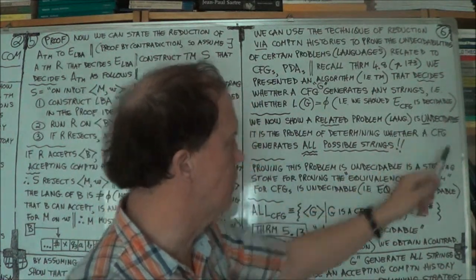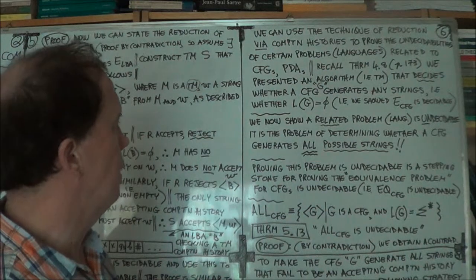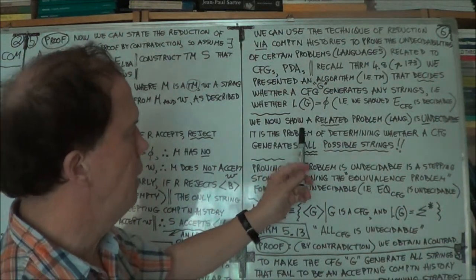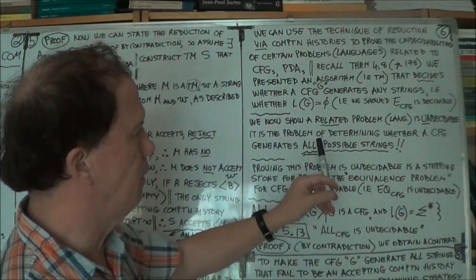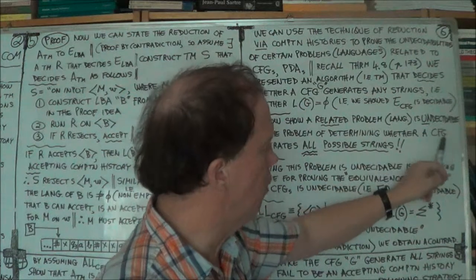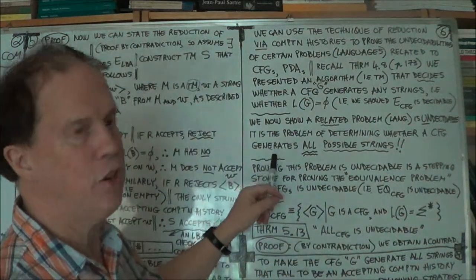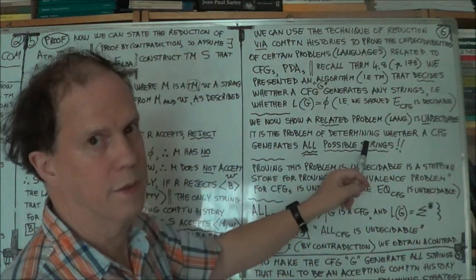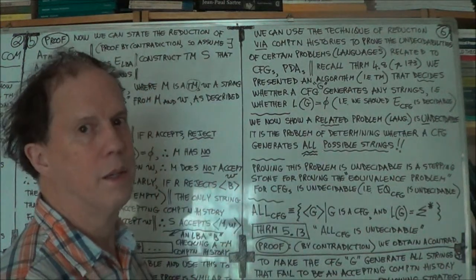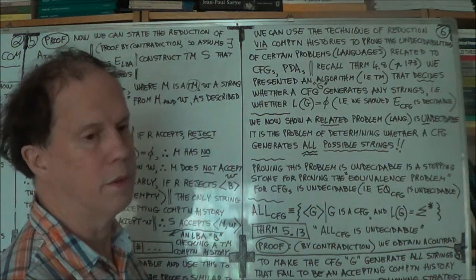What is that problem? Try and find a Turing machine that can decide whether a given context-free grammar G can generate all possible strings. We'll show that that problem is undecidable, can't be done.